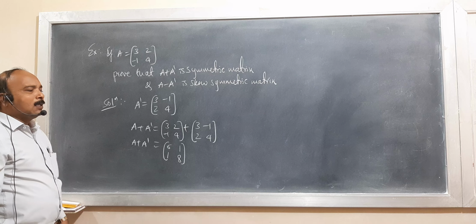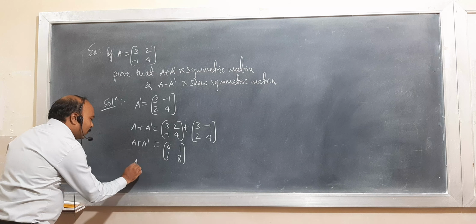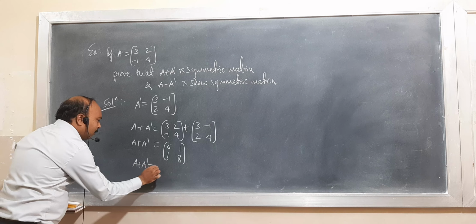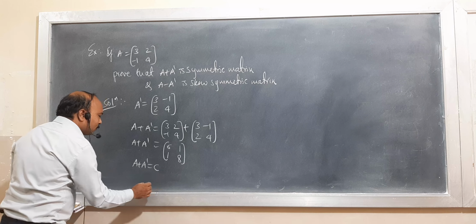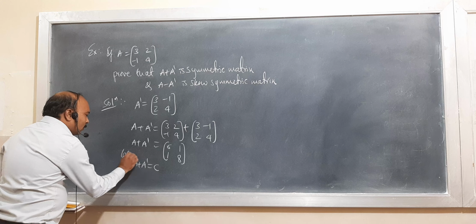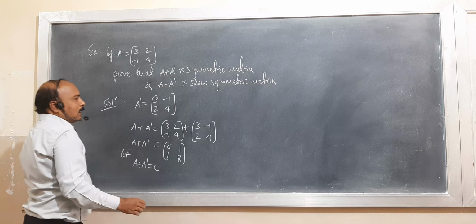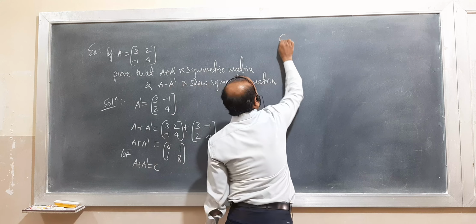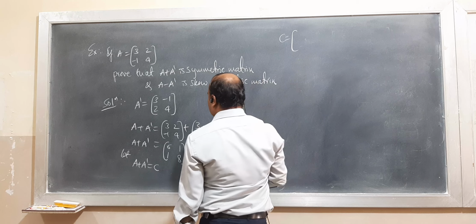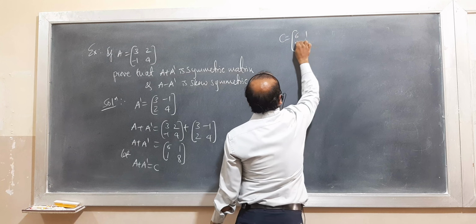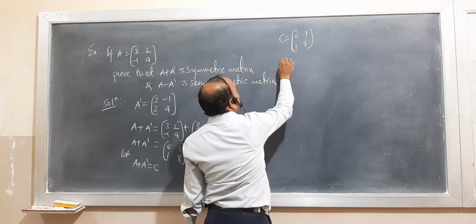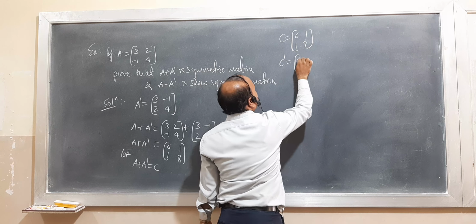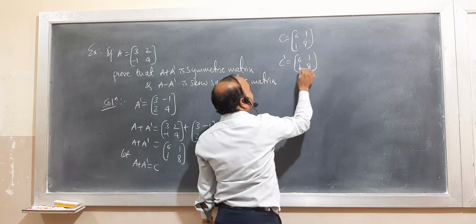Now for our convenience, we take that A plus A dash is another matrix. You take it as C, that is C equal to 6, 1, 1, 8. Now we consider C dash. C dash equal to again 6, 1, 1, 8.